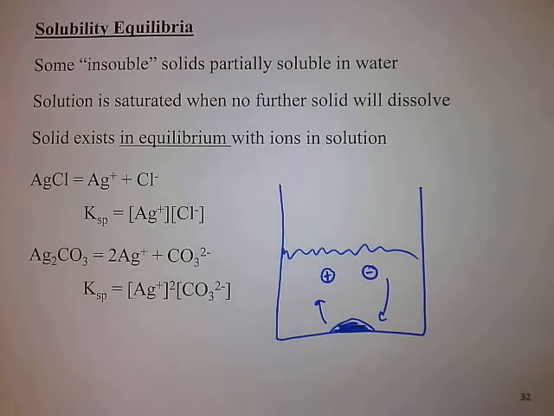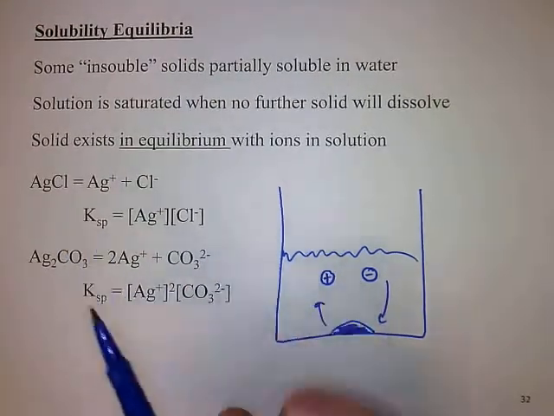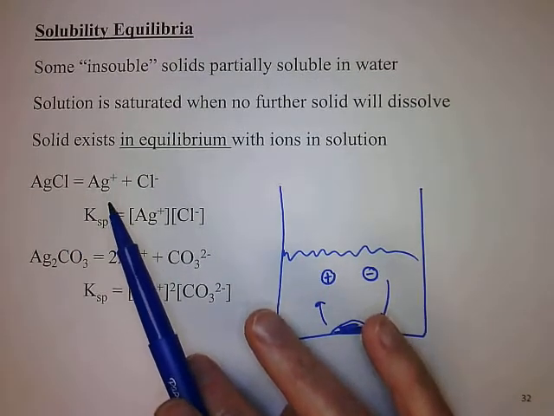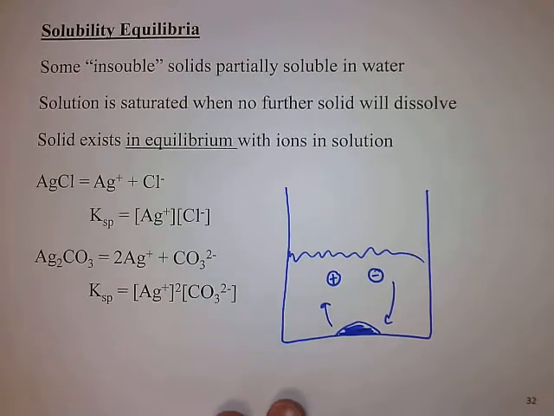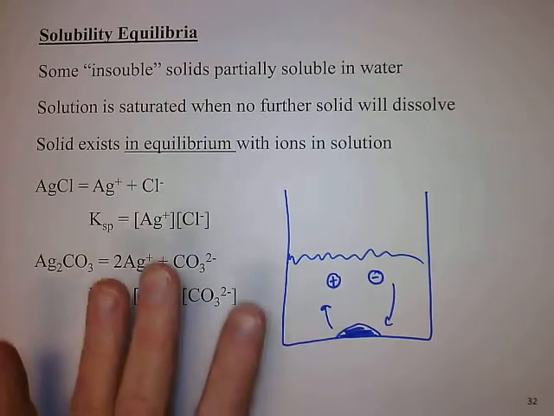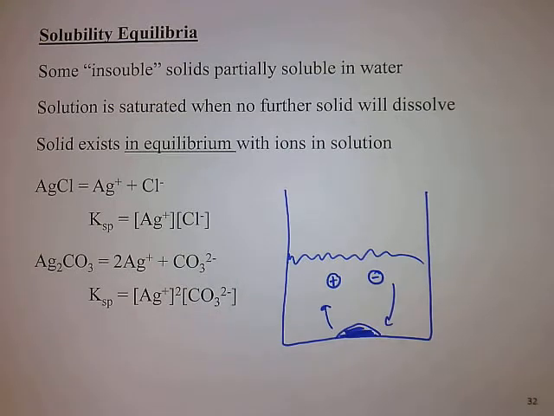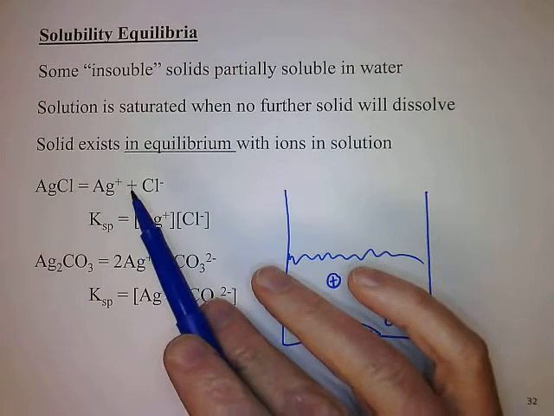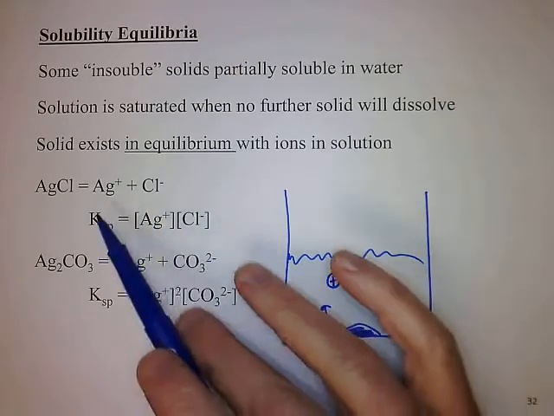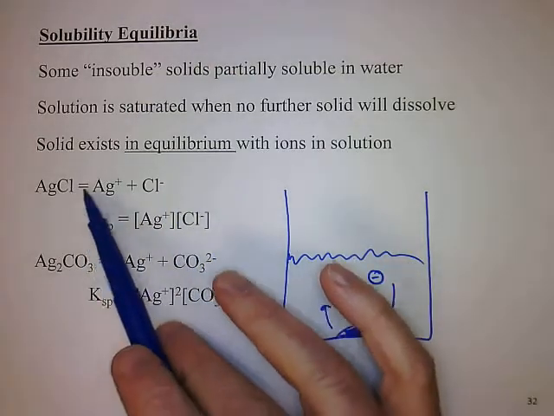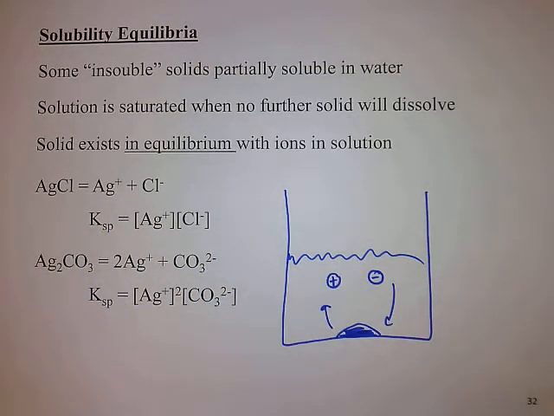Okay, so when your silver chloride dissociates, it gives us a silver ion and a chloride ion. So how would we write the equilibrium expression for this? Same way we did before when we talked about equilibrium. The products over reactants, and the coefficients become the exponents. So it's concentration of silver ion times concentration of chloride ion divided by concentration of silver chloride.